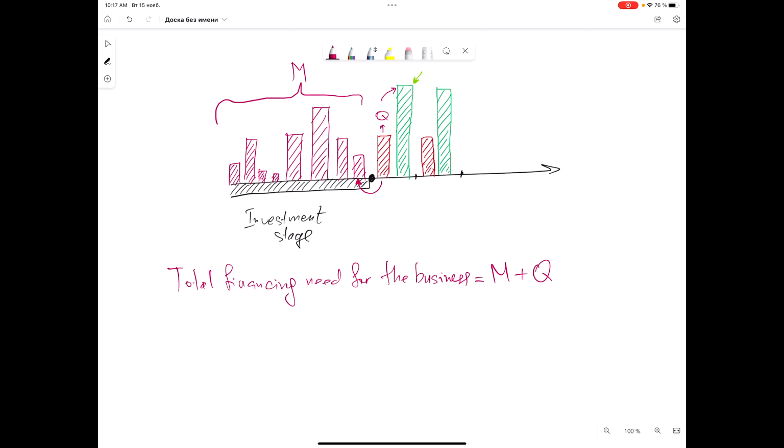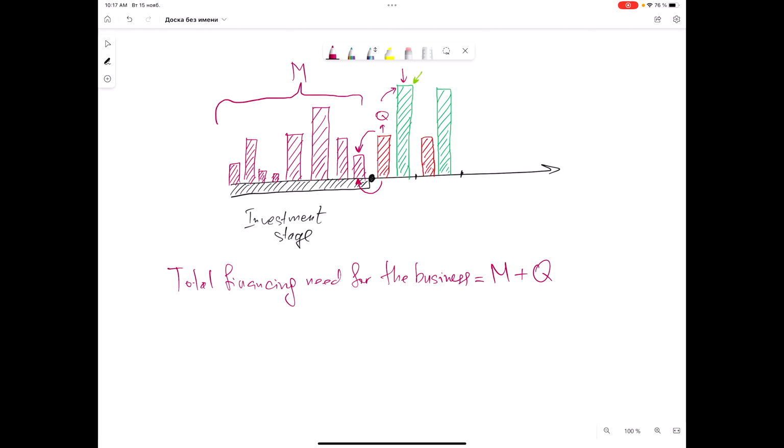Q goes to the investment stage, so it is not placed inside the operating activity, and you can't finance Q from your revenues. So this is a very important thing.